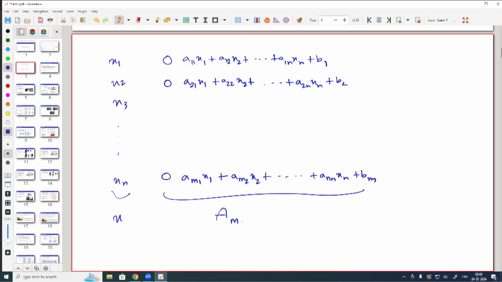So, let us just write m plus 1 cross n, and x has an extra 1 appended at the bottom. So, then we can represent this whole thing as A times x. Oh, right, you are right. I always get the dimensions wrong.